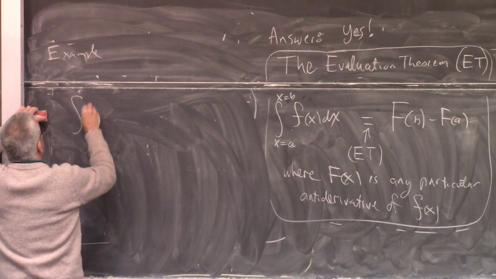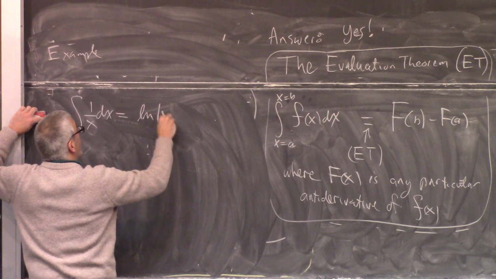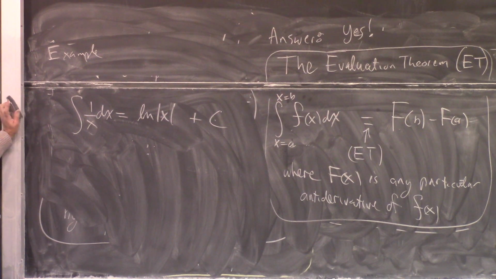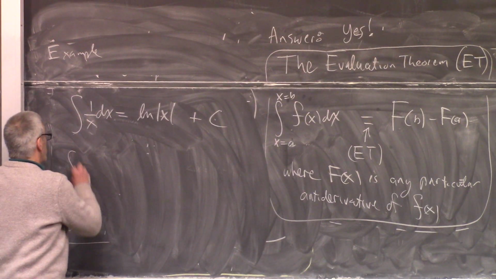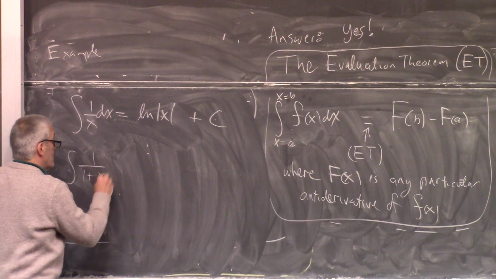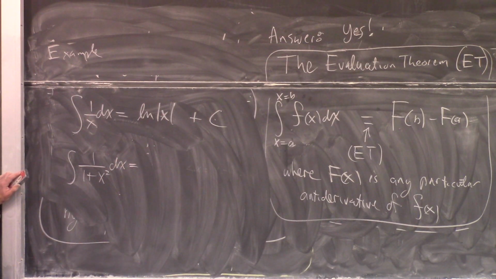The indefinite integral of 1 over x is ln of absolute value of x plus c. Remember, ln of absolute value of x was a particular antiderivative, but the general antiderivative is plus c. How about this one? Anybody remember what this is? What's an antiderivative of 1 over 1 plus x squared?